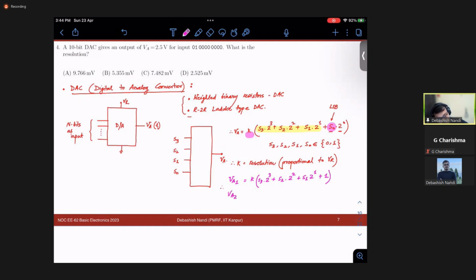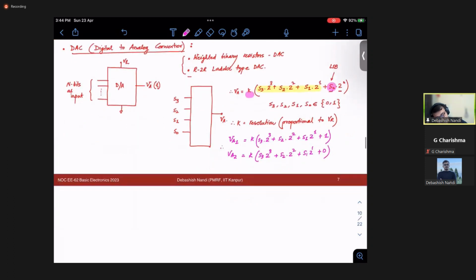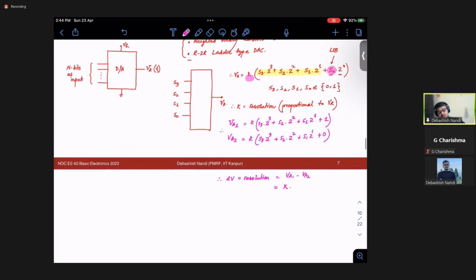And VA2 is S3 2 to the power 3 plus S2 2 to the power 2 plus S1 2 to the power 1 plus, if S0 is 0, then it is 0. Okay. So your delta V or resolution is your VA1 minus VA2, which is nothing but K. Okay. So that's how this comes about.